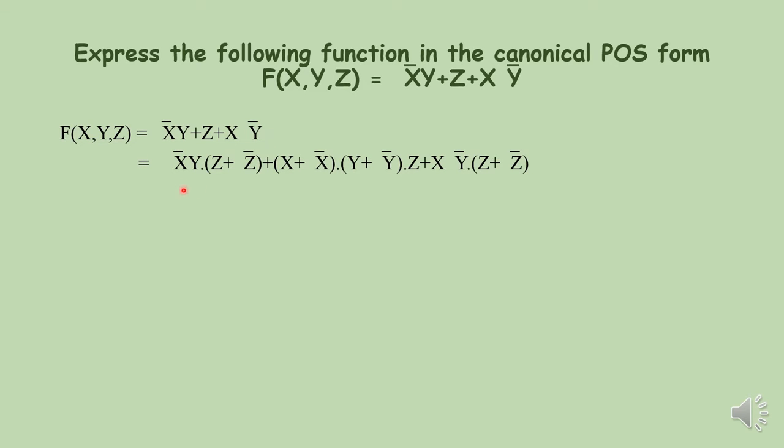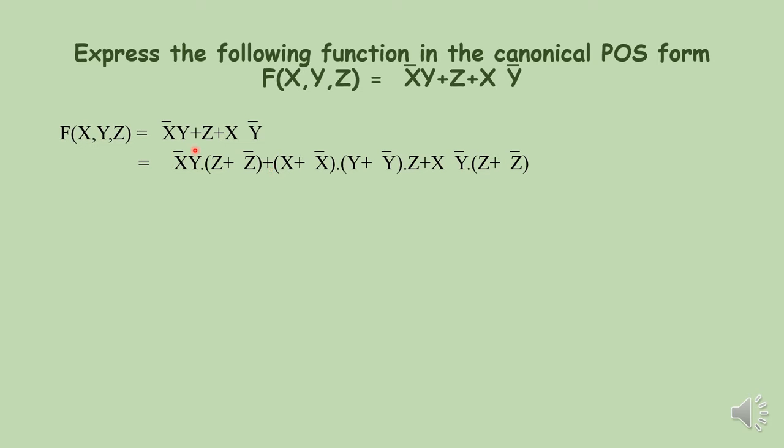In the next step, we write x bar y multiplied by z plus z bar. From Boolean switching algebra, we know that z plus z bar equals 1. In the first term, z is missing, so we multiply x bar y with z plus z bar.